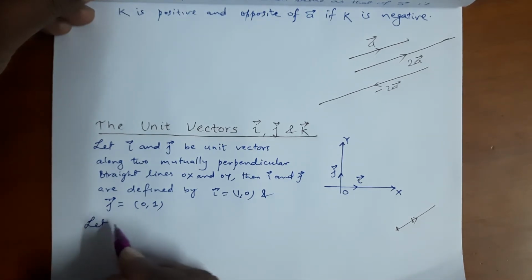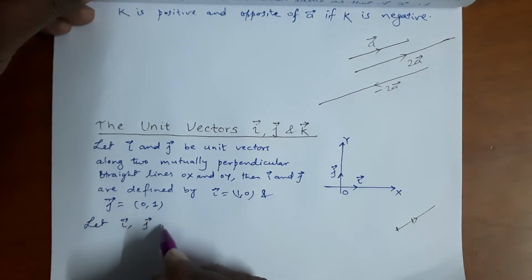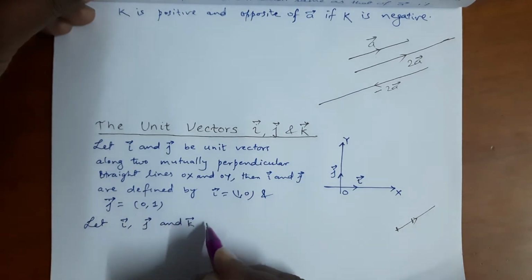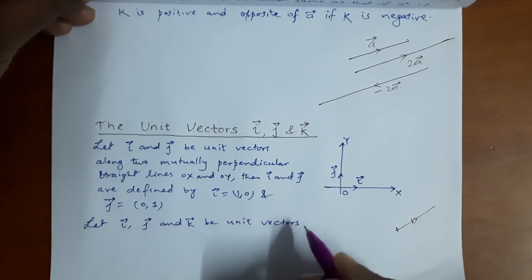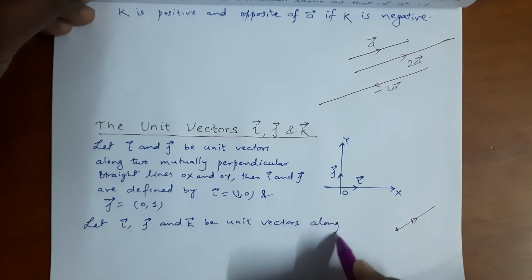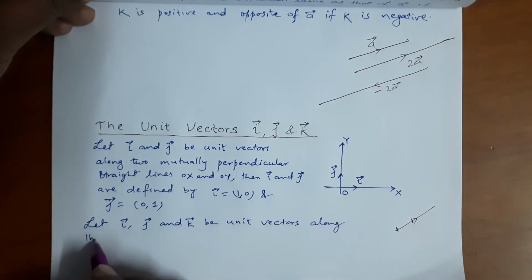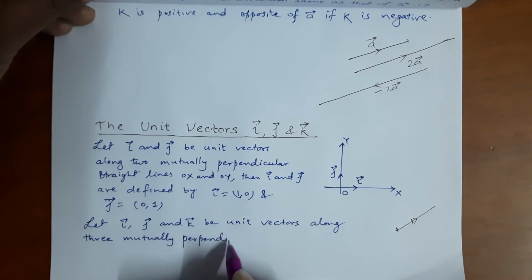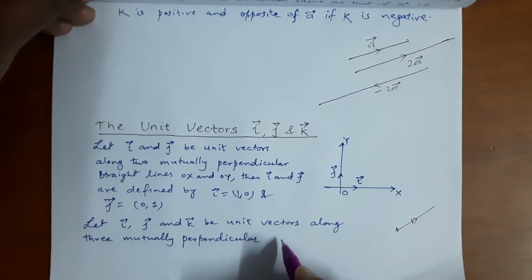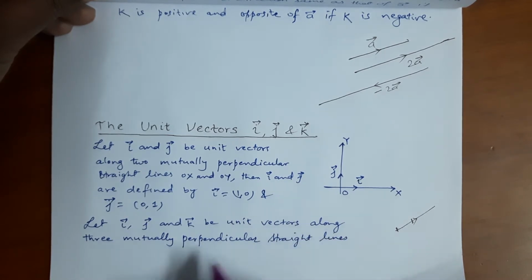Let I, J, and K be unit vectors along three mutually perpendicular straight lines OX, OY, and OZ.